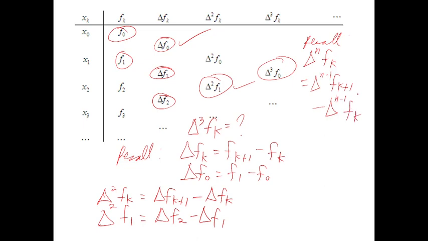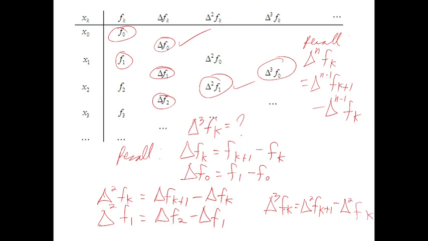So, yun ang formula. So, therefore, delta cubed f sub k is delta squared f sub k plus 1 minus delta squared f sub k.